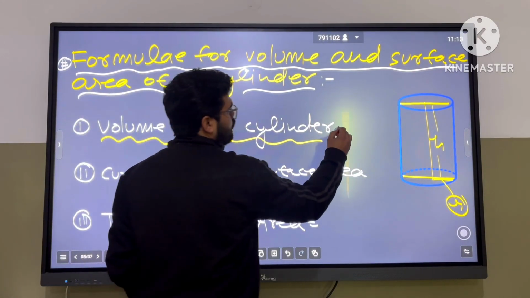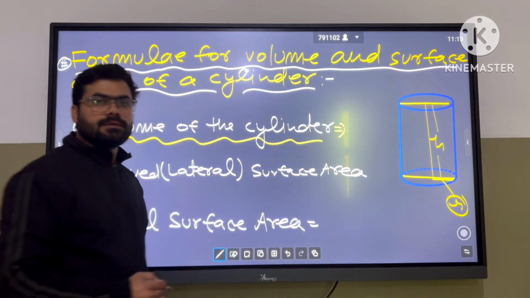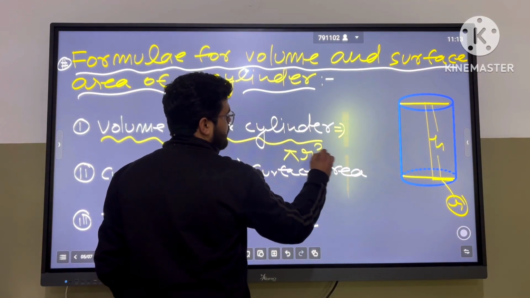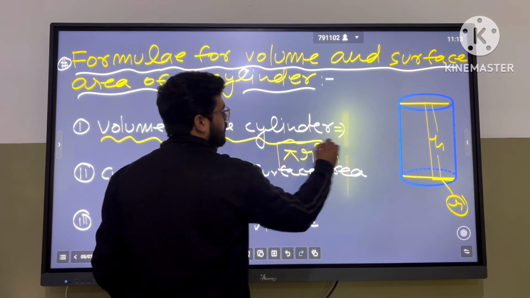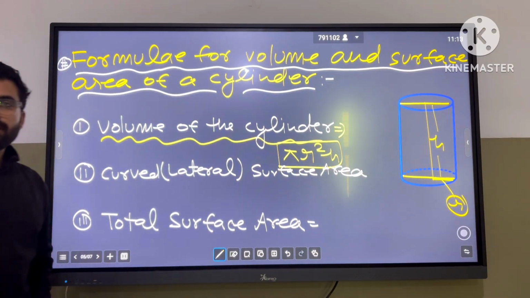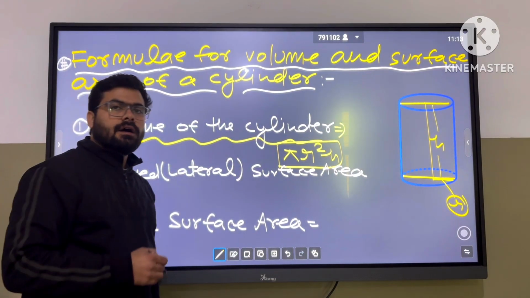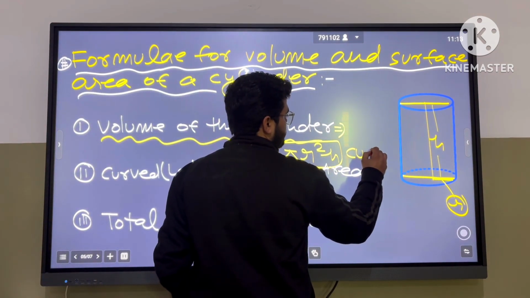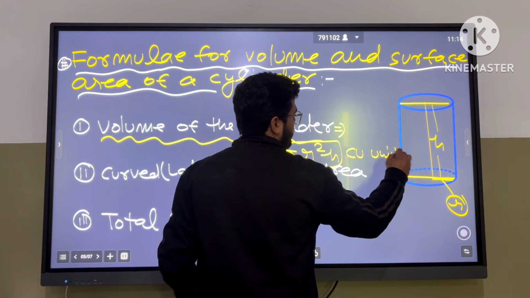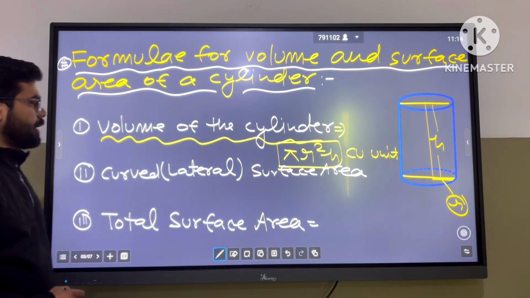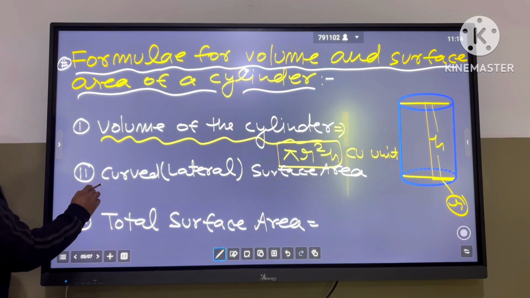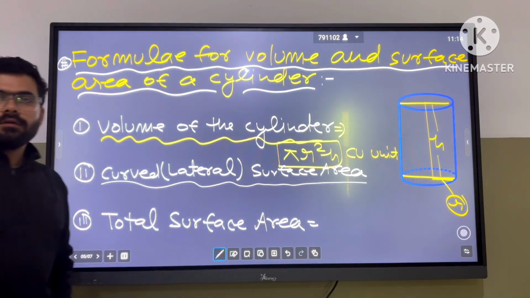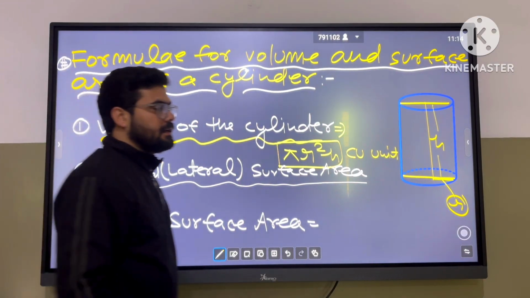So the first formula is the volume of the cylinder. The volume of the cylinder is pi r square h. And what is the unit of volume? Cubic unit. The second one is the curved or lateral surface area of the cylinder.